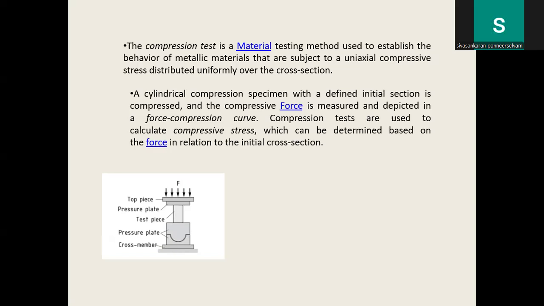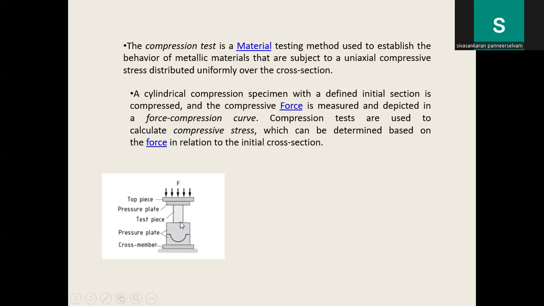The compression test is one of the inspection processes carried out to study the material behavior by applying uniaxial compressive stress. Uniaxial means that the load is applied in one direction, along the axis of the specimen, and the applied load should be kept uniformly distributed across all sections such that equal transmission of load is passed to the test sample.